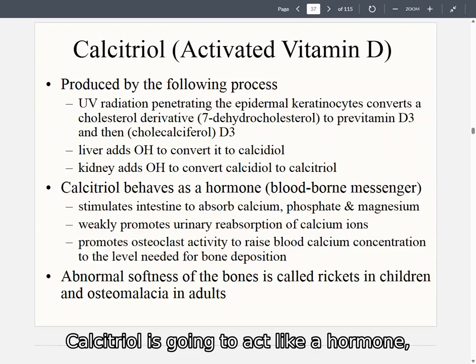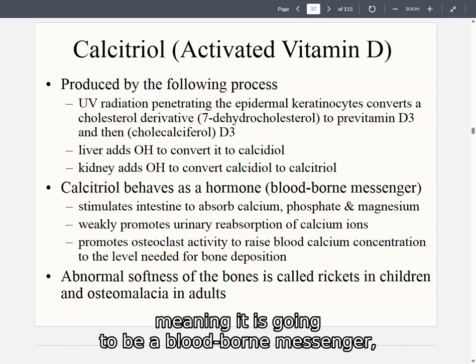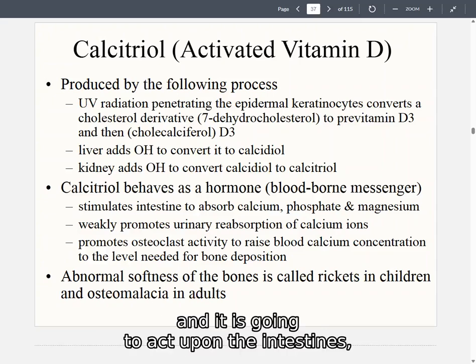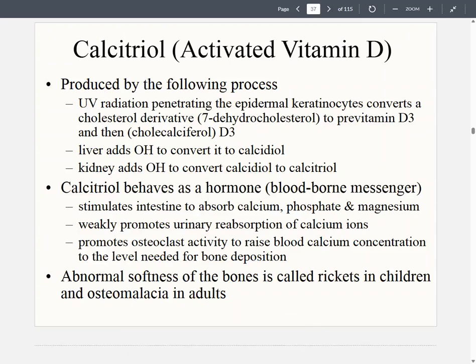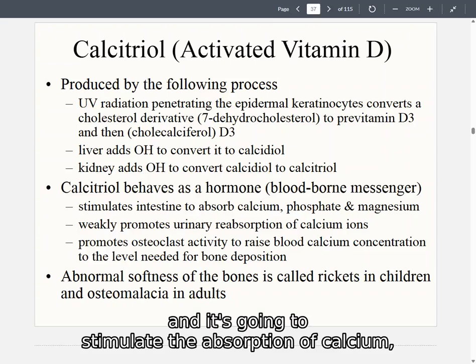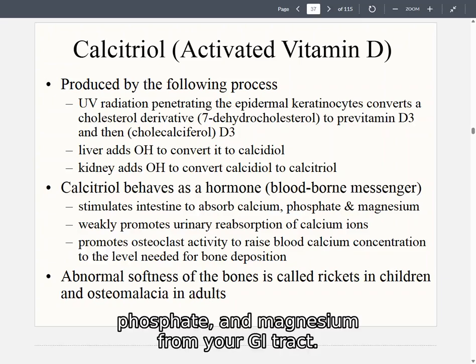Calcitriol is going to act like a hormone, meaning it is going to be a blood-borne messenger, and it is going to act upon the intestines, specifically the small intestines, and it's going to stimulate the absorption of calcium, phosphate, and magnesium from your GI tract.